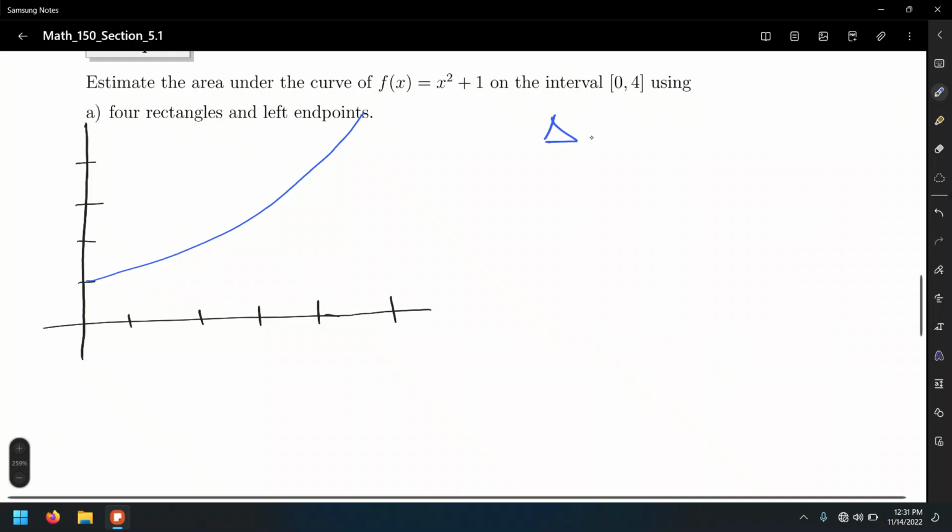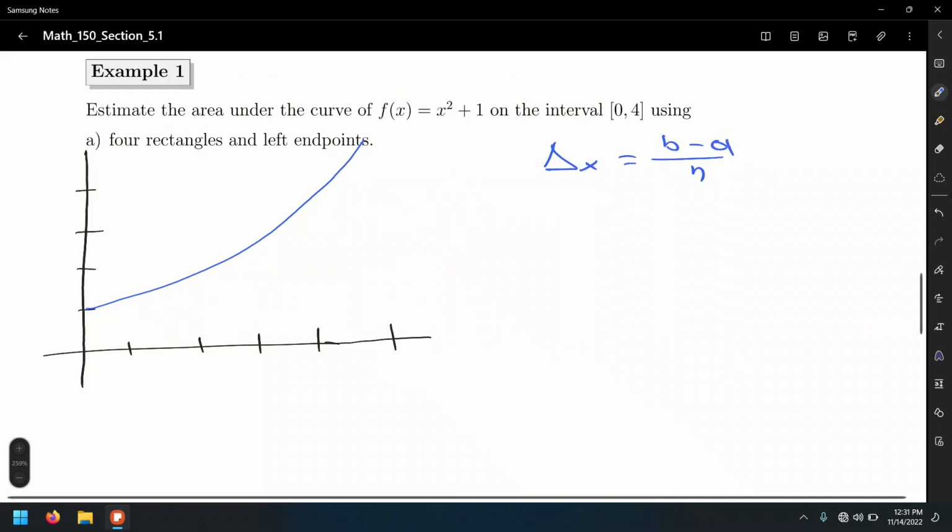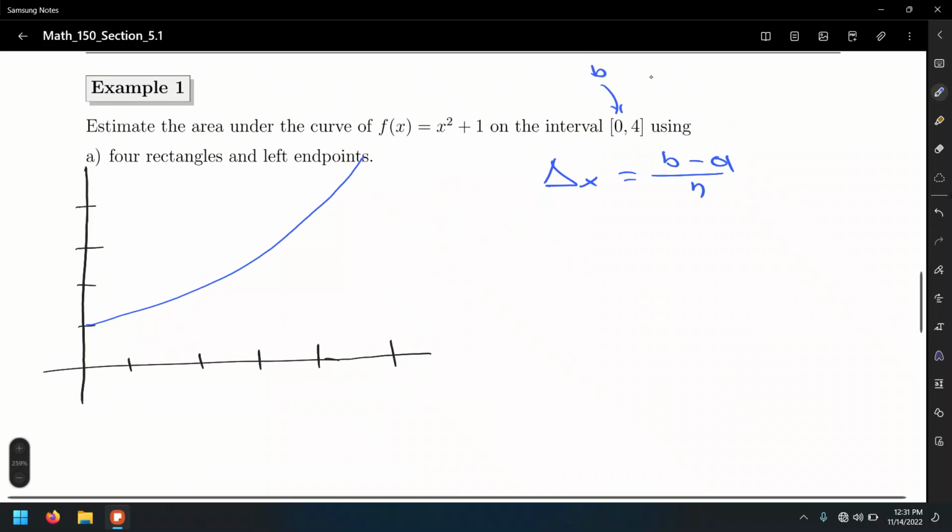That is delta x equals b minus a over n, where this is b, this is a. That is 4 minus 0 over the number of rectangles, which is 4, and that's 4 over 4, which equals 1. So we're going to find areas of rectangles of width equal to 1.